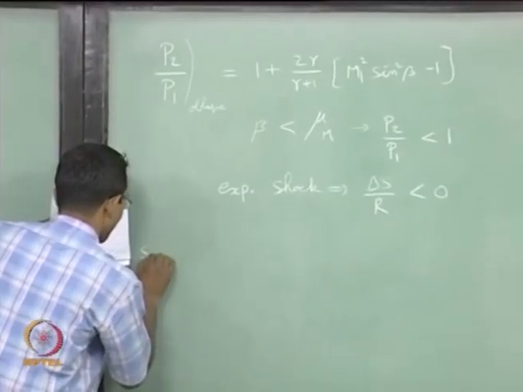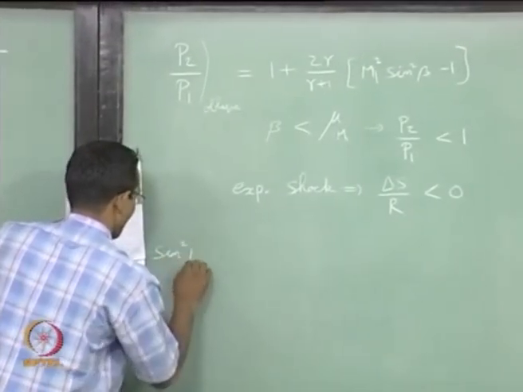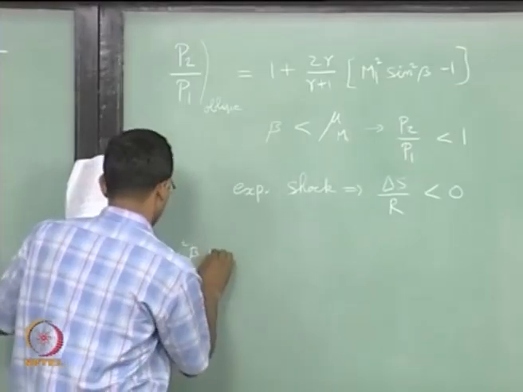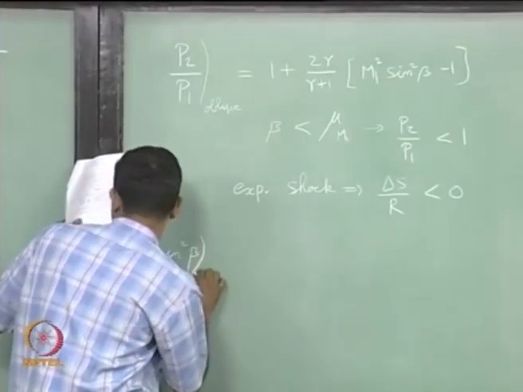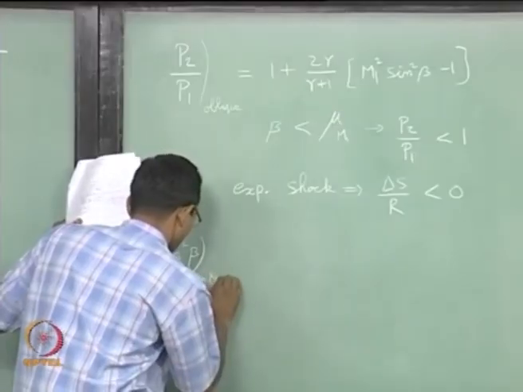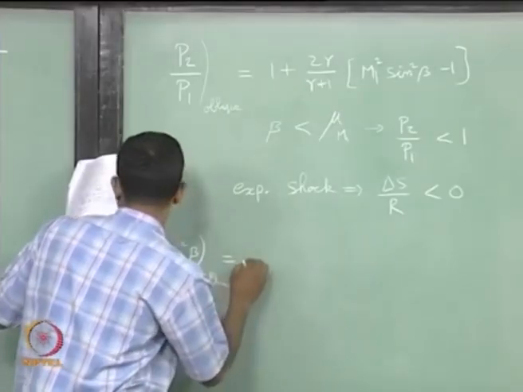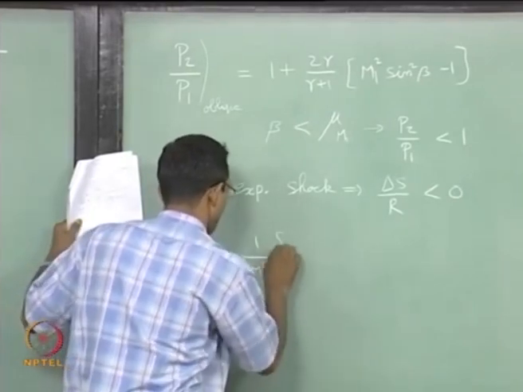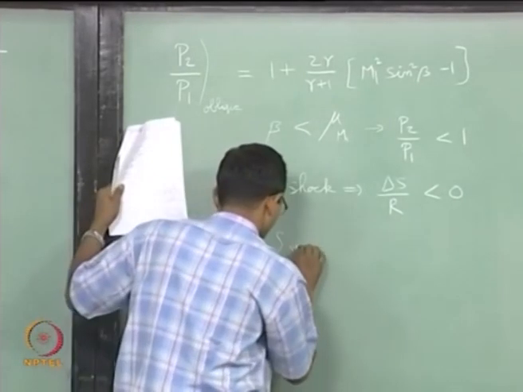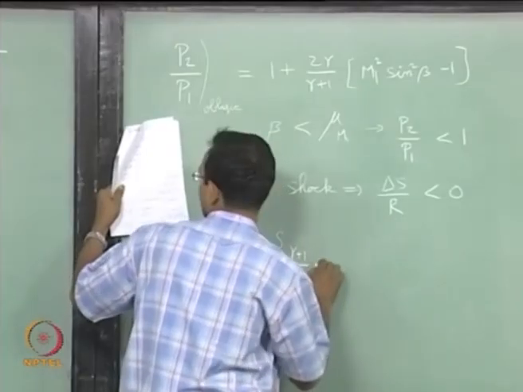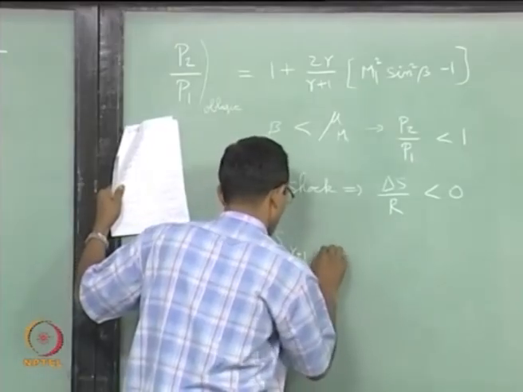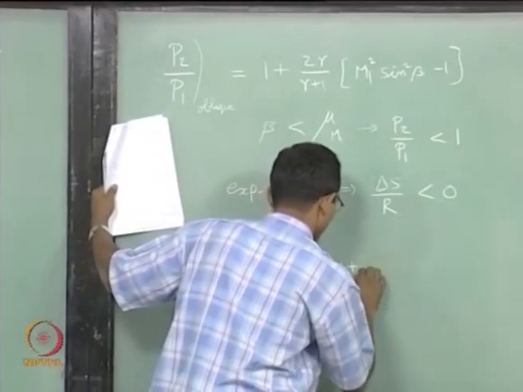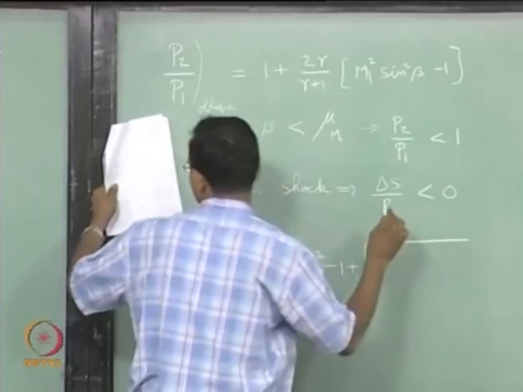Okay. I can find the beta at which you will have the maximum for any given Mach number, and that is given by sin square beta at theta equal to theta max is given to be this. I derived it. If you want, you can derive it. I do not think it needs to be derived in our class time.